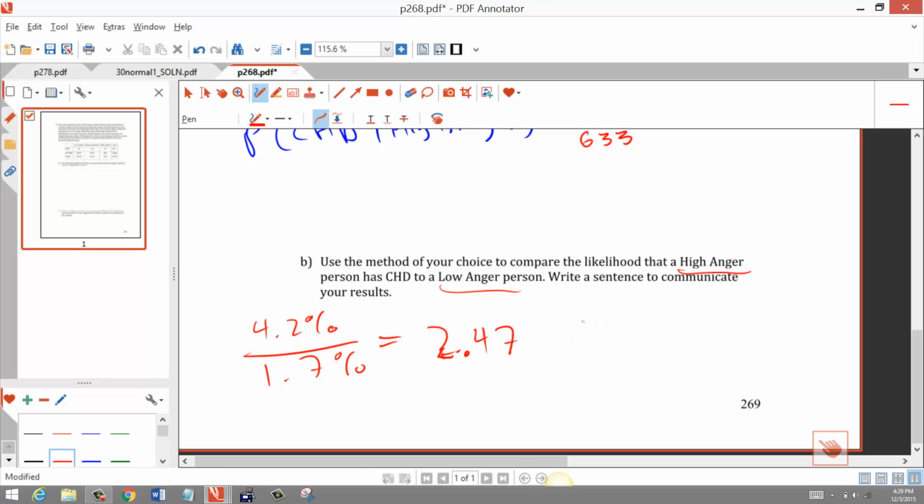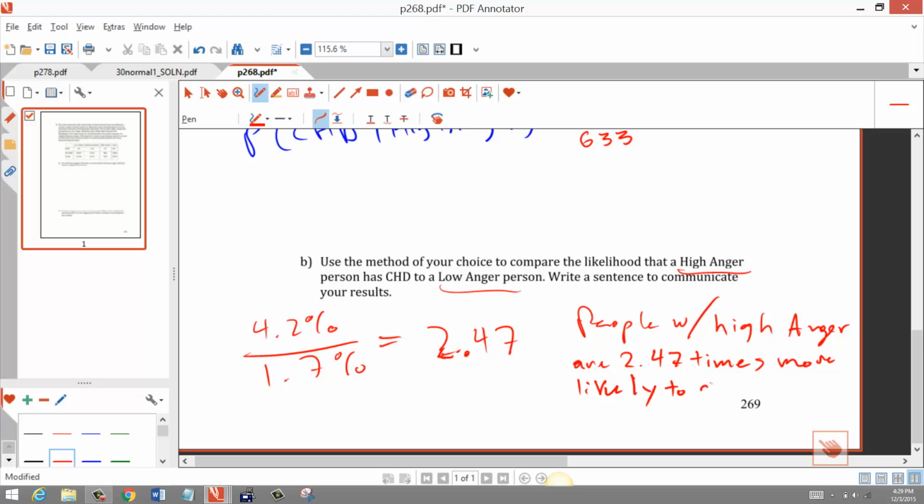So that means that people with high anger are 2.47 times more likely to develop heart disease than low anger people.